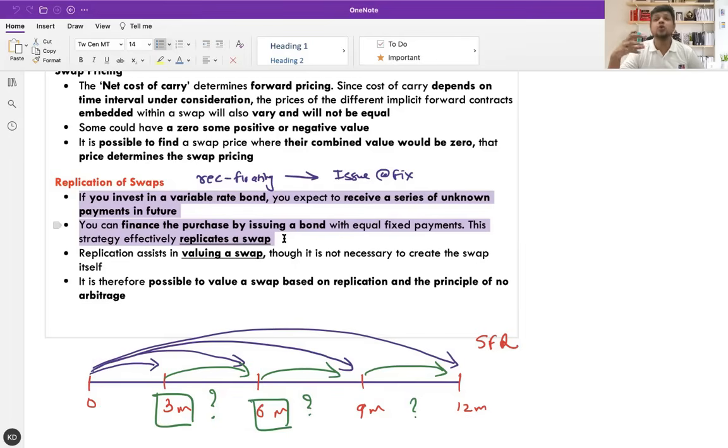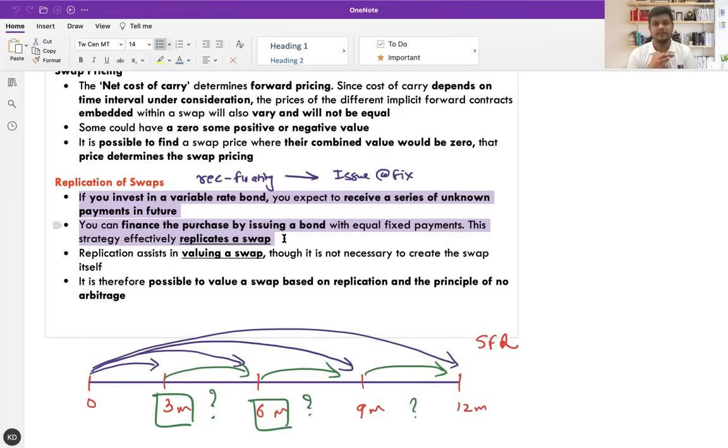So a swap can be replicated by borrowing money, by issuing a fixed rate bond and investing that in a floating rate. Then it's like pay fixed, receive float. And whatever you gain or lose in this transaction, based on that you can find the pricing of the swap.